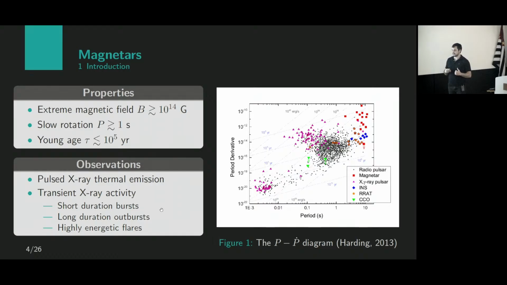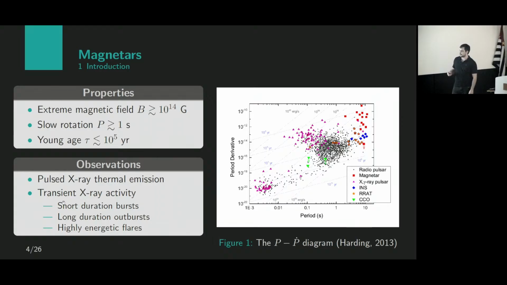Sometimes this activity is longer and lasts for a month or so. It includes many short duration bursts, and in very rare cases we have highly energetic flares from them, in X-rays, so energetic that they could overshadow all the rest of the X-ray emission from all the other objects in the universe for that short duration.